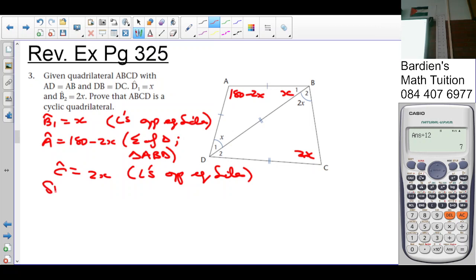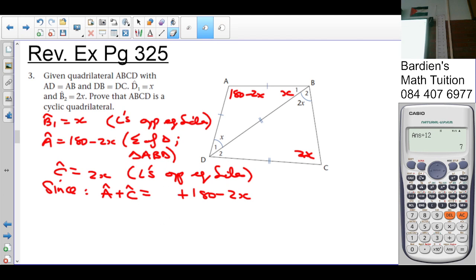So now we state the obvious. We say since angle A plus angle C is equal to 180 minus 2x plus 2x, which gives you 180.